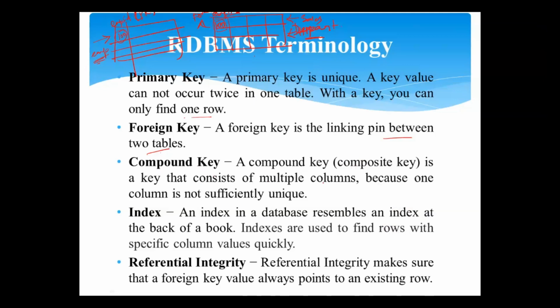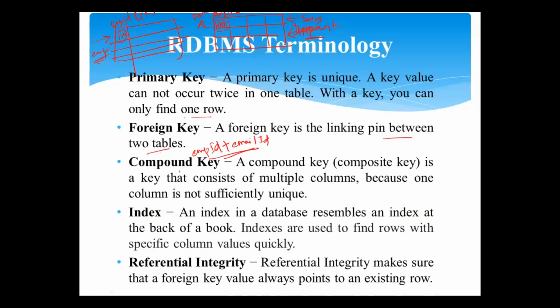For now, just think that keys can be used to relate tables. For a relationship you can use a foreign key, and a compound key can be, instead of only employee id, employee id plus email address considered as a unique key.